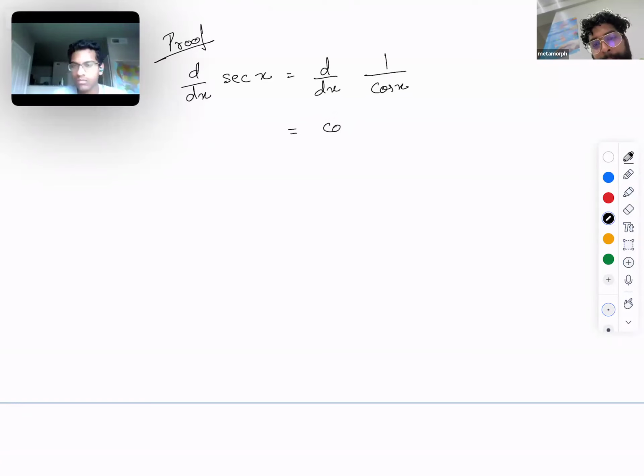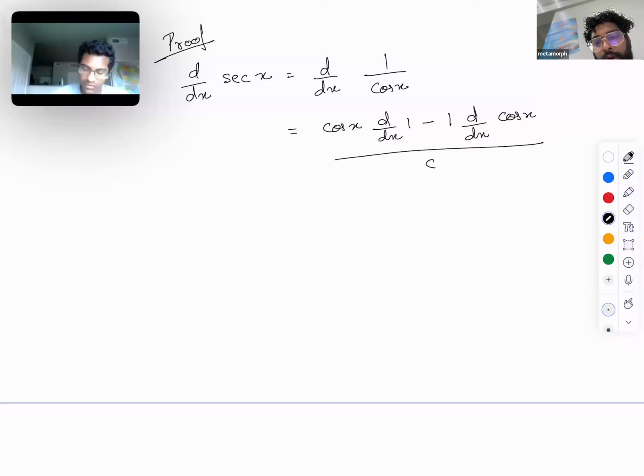So cos x into d by dx of 1, which is 0, minus 1 into d by dx of cos x, over cos squared x.